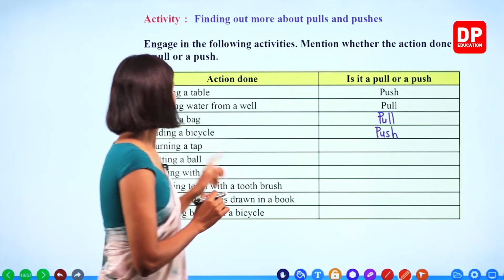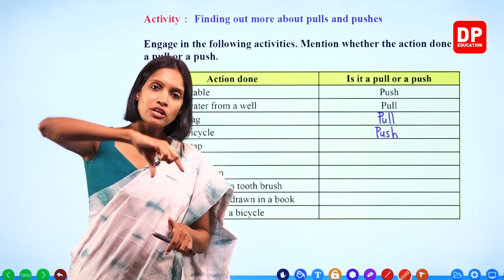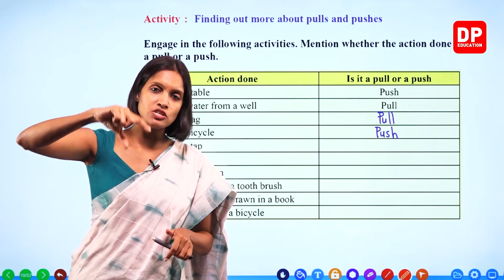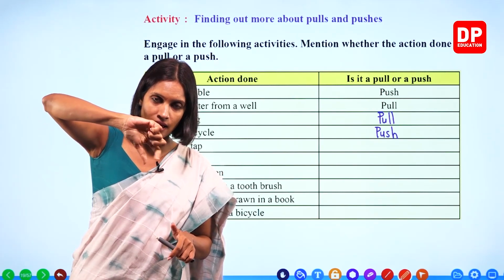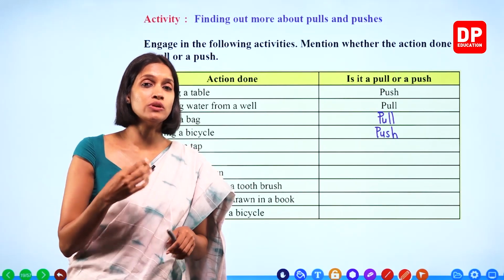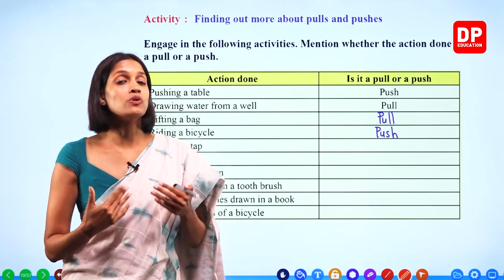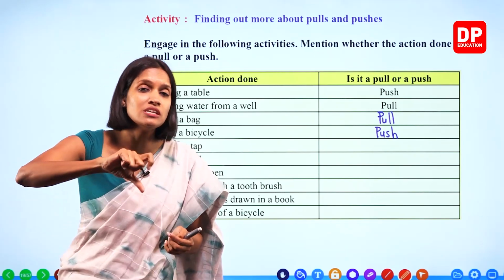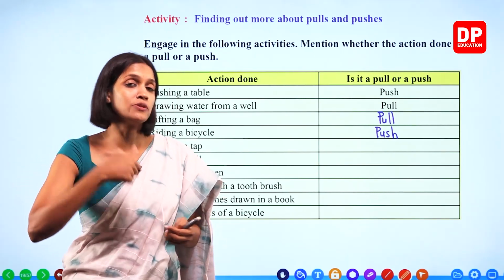Turning a tap. When you turn a tap using these two fingers, in the upper grades you are going to learn about something called couple forces. Turning a tap is such a couple force.